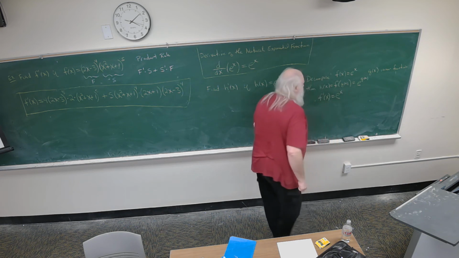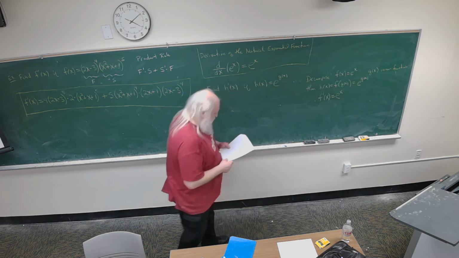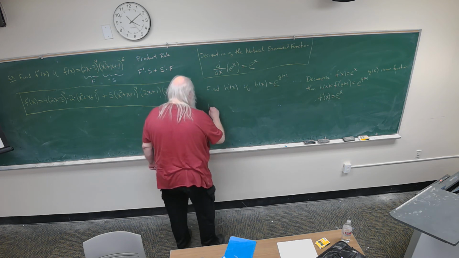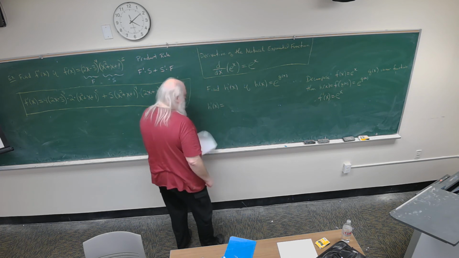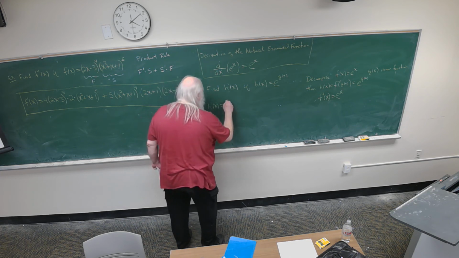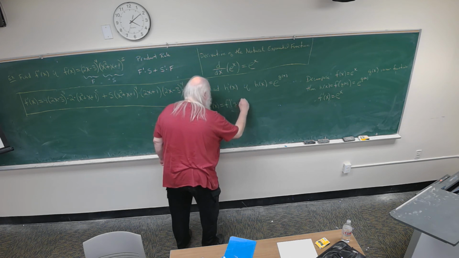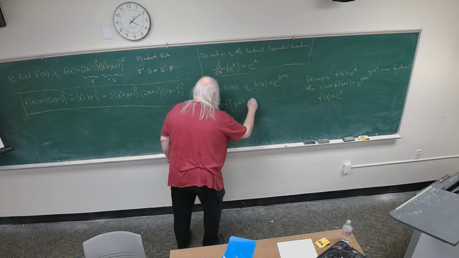From the definition, the derivative of the composite function, h prime of x, is equal to f prime of g of x times g prime of x.